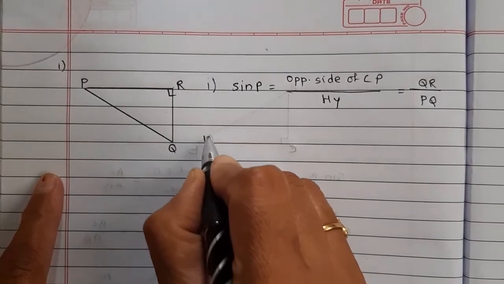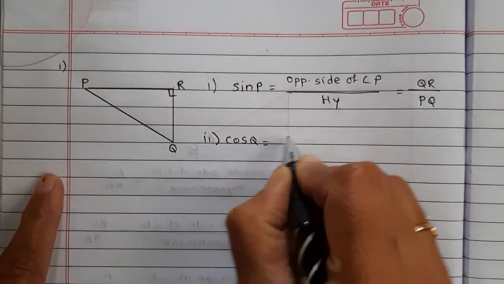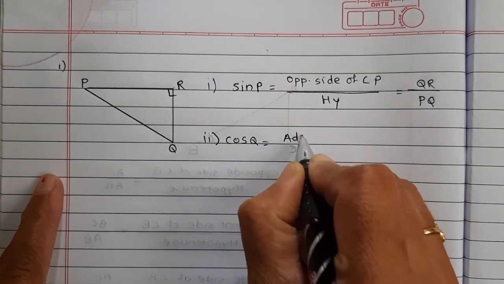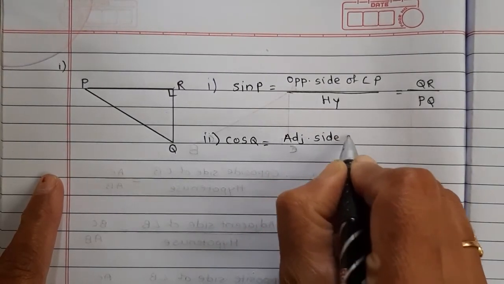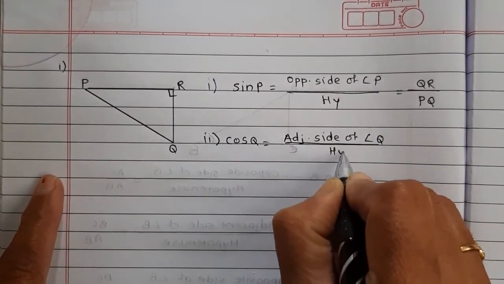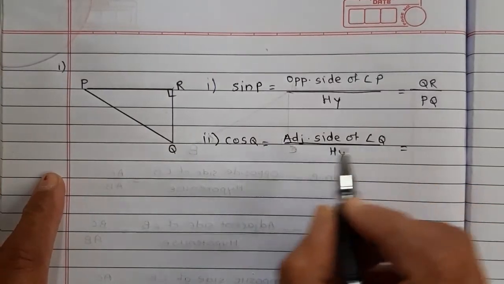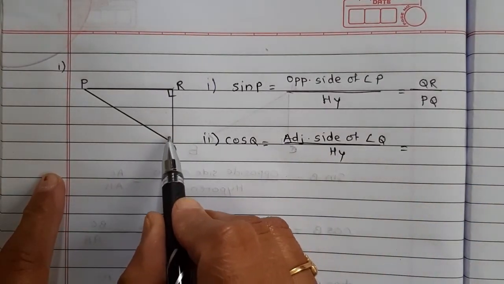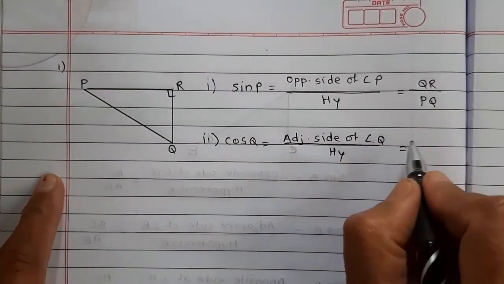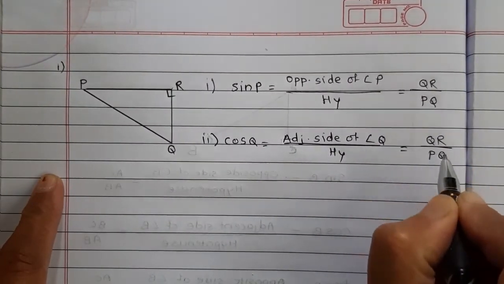Okay. Now the second one, cos Q. Cos means the adjacent side of angle Q to hypotenuse. Here angle Q is given. Now which side is adjacent to angle Q? That is QR. So here QR upon PQ.